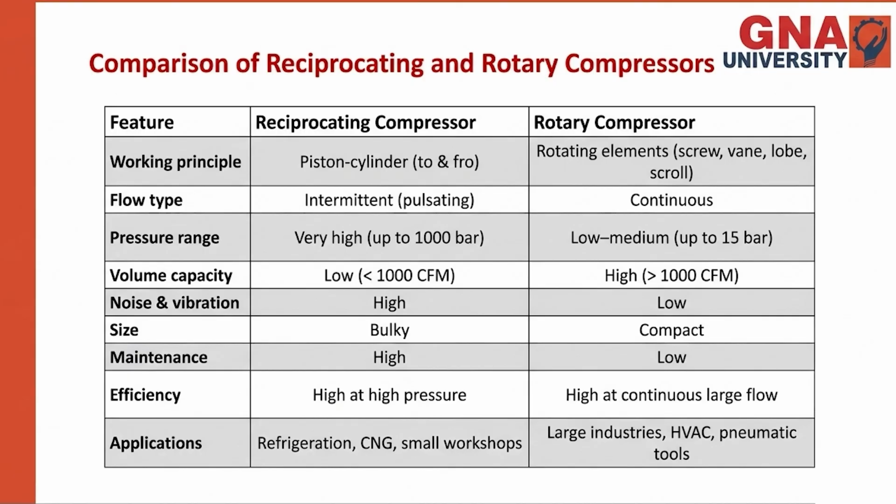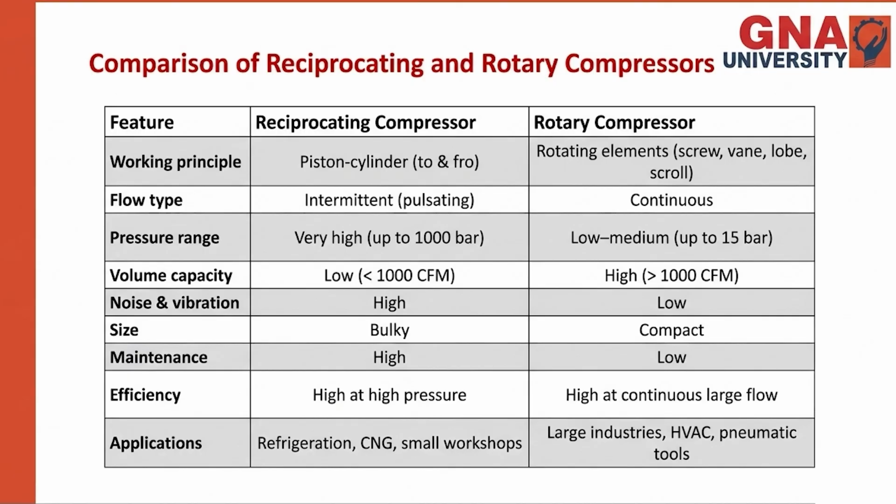Okay. So now, if we talk about the noise and vibrations, due to more moving parts, the noise and vibrations of the reciprocating type of compressors is high as compared to the rotary type of compressors. If we talk about the size, then the reciprocating compressors are more bulky than the rotary compressors. Those are compact. Maintenance in reciprocating is high. In rotary, the maintenance is less.